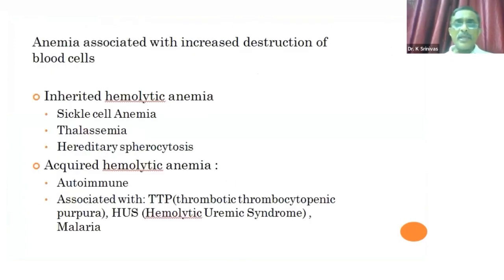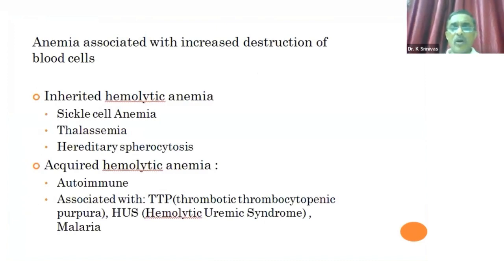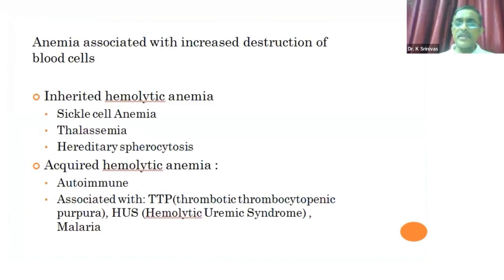Then coming to anemia associated with increased destruction of blood cells, I just mentioned, we call it hemolytic anemias, and the commonest ones that I expect our students to remember would be sickle cell anemia, thalassemia, and hereditary spherocytosis, which are inherited.